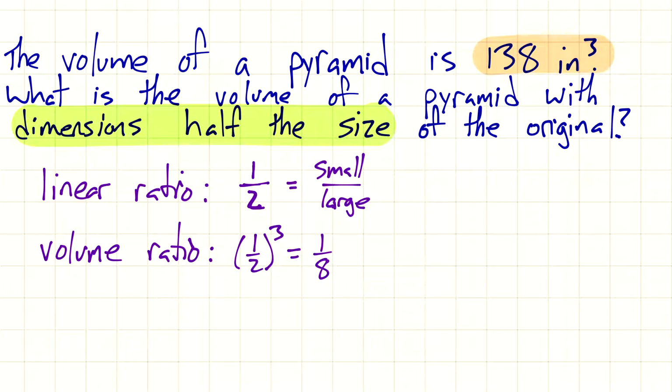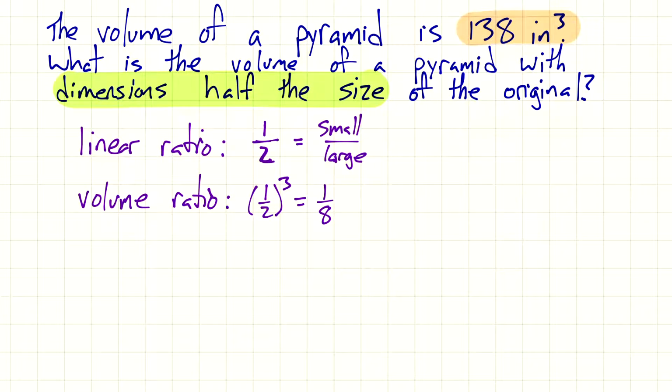So in this case, instead of 1/2, we would be using 1/8. And so we could set up our proportion here. I'm going to put two fractions equal to each other. Again, we'll use the 1/8. I'm just taking that number here.